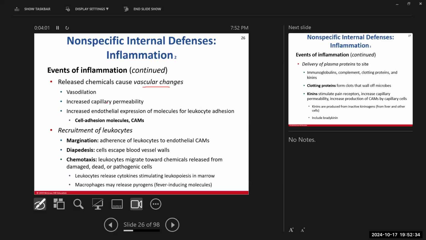And we're also going to see more leakiness. And this is new. We haven't talked about this, but we're going to see these special molecules called CAMs, which stand for cell adhesion molecules. And normally the endothelium is slippery. We learned about this when we talked about hemostasis, remember?